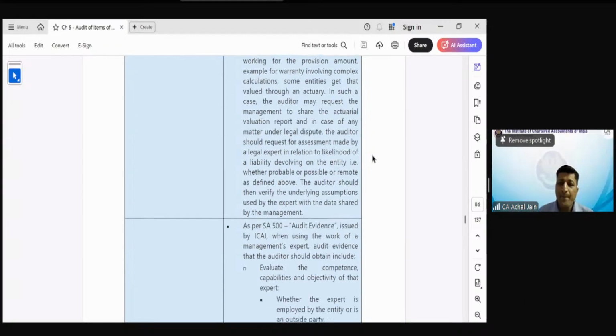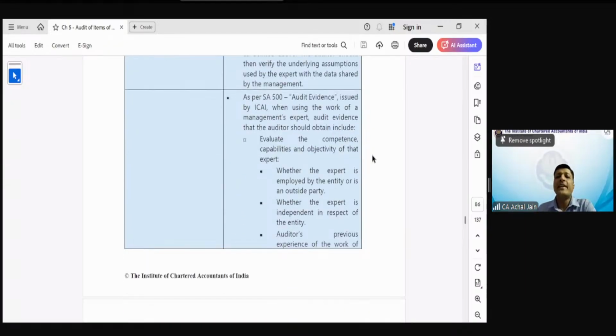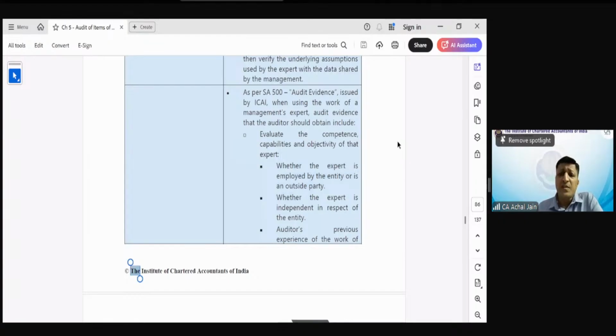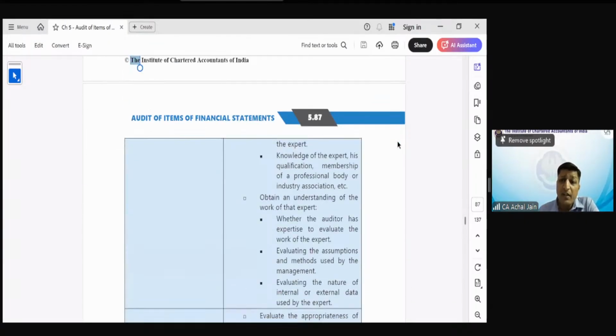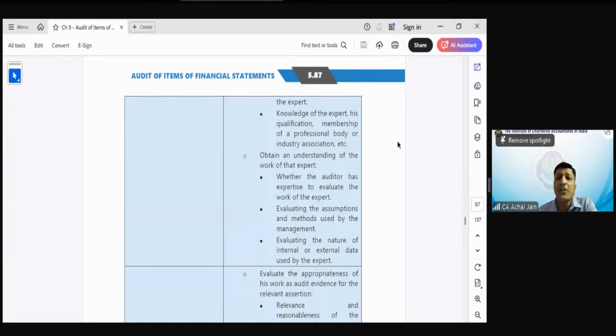Now, in case of this work of an expert, as we discussed, some of the procedures will be to evaluate the competence and capabilities of that expert, whether the expert is employed by the entity or is a third party, whether the expert is independent of the entity, the auditor's previous experience of work of that expert, if at all it's there, knowledge of the expert, his qualification.